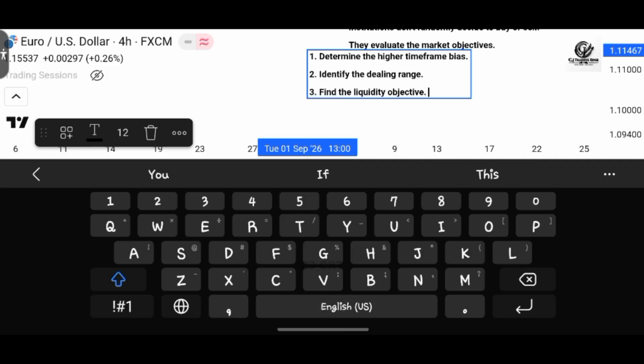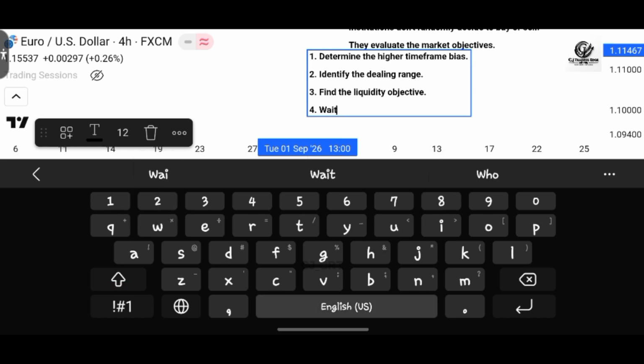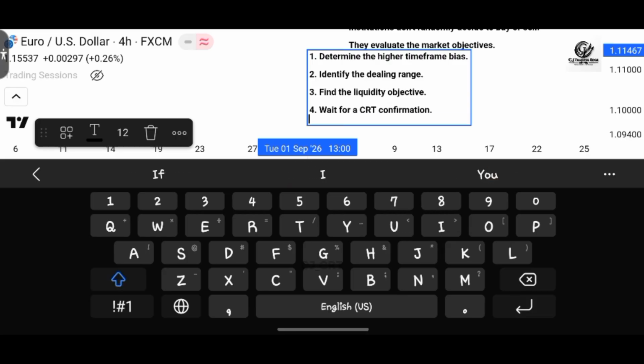Then the fourth one, you can screenshot this after I'm done, or you can just write it down. Wait for a CRT confirmation. And then the last is execute only in the direction of your bias.